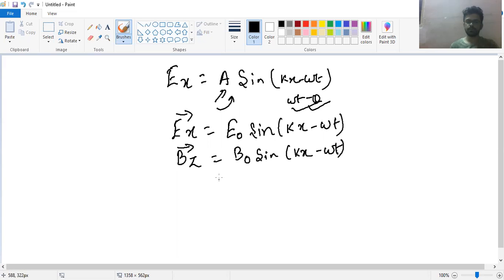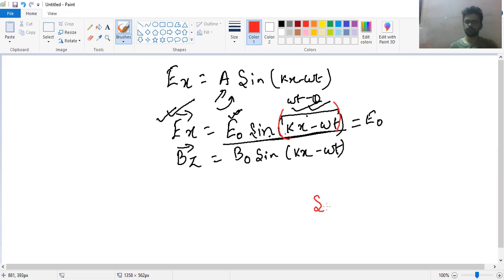Now if I ask you what is the maximum value of Ex, what is the maximum value that can be possessed by Ex, then what is the maximum value of this expression? The maximum value of this expression is E naught, since E naught is constant, and this complete thing is inside of sine, right?